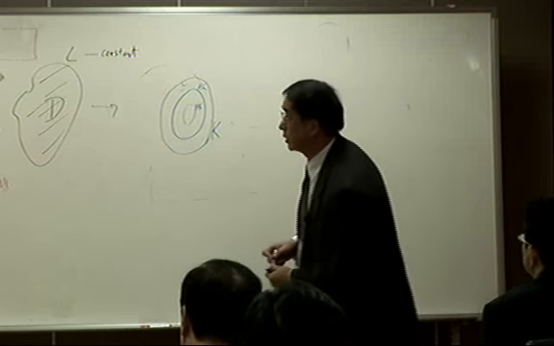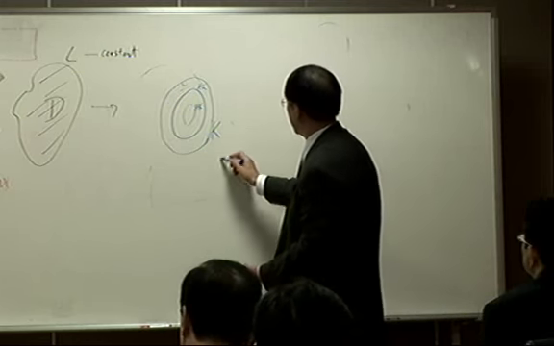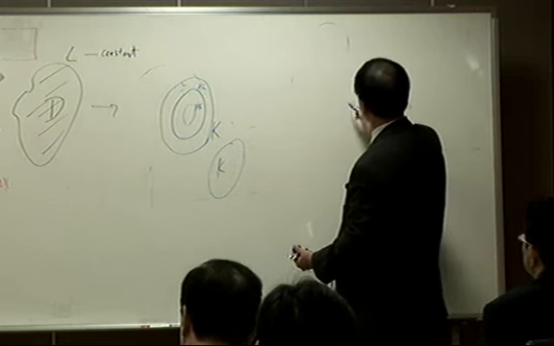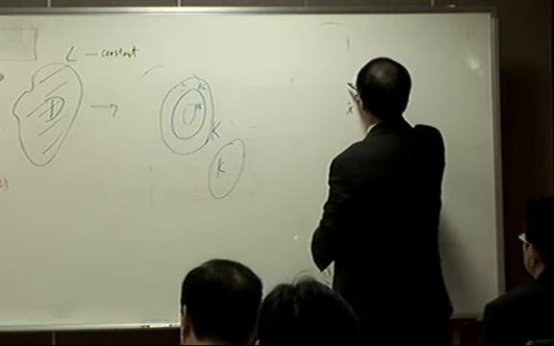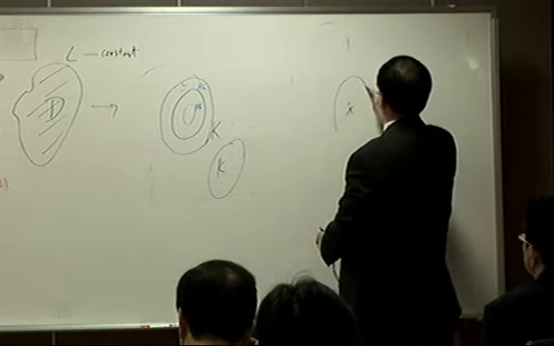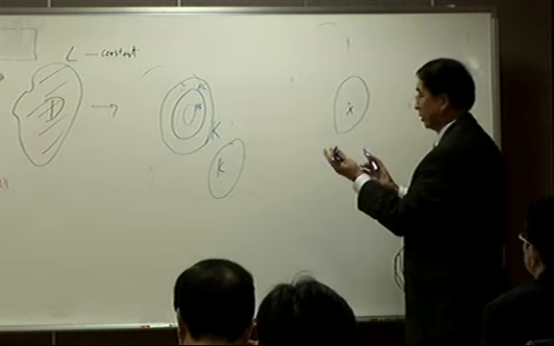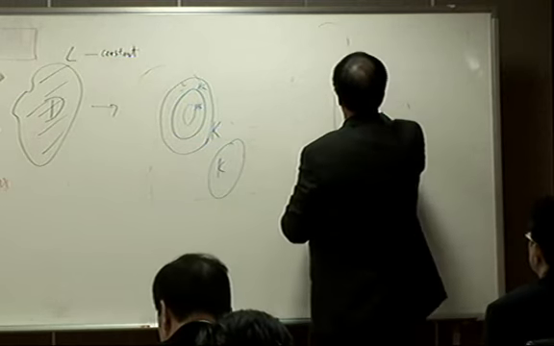A homothety is a translation plus a dilation. What's a translation? If K is here and you have X here, this K is moved to here; that is just a translation. So this is a translation and a dilation.